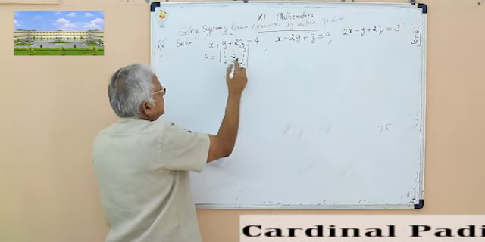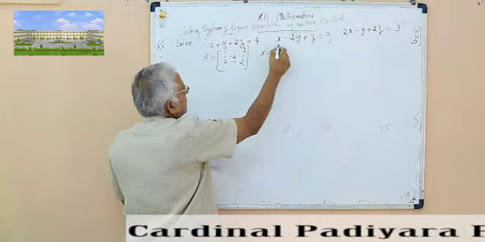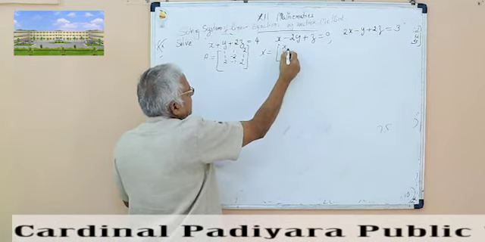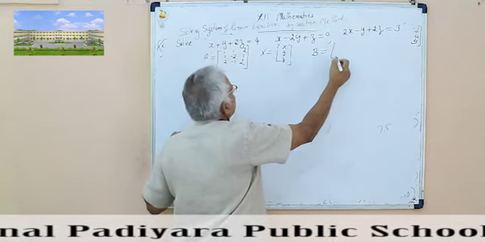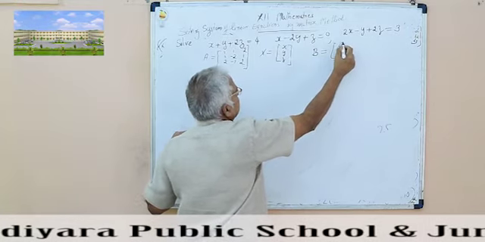This is the matrix A. The variable matrix is the column x, y, z. The constant matrix, the right hand side constants d1, d2, d3, is 4, 0, 3.